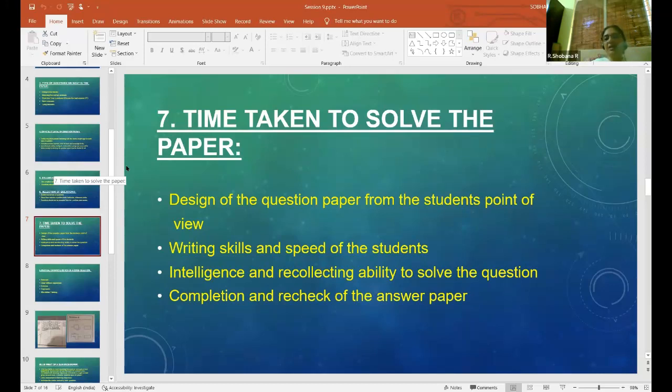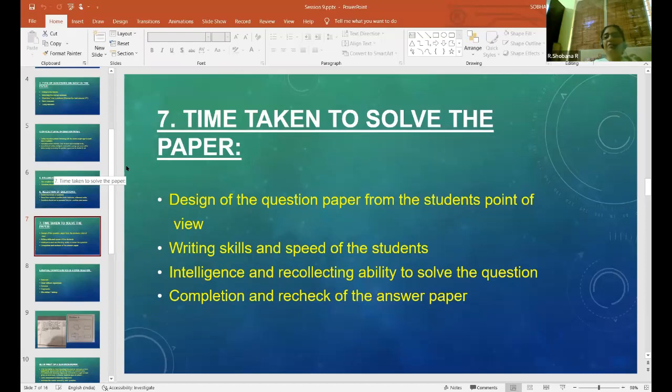Each question can have a different difficulty level, so we should allot the time accordingly. You cannot give all questions that are very difficult and need more time to think and solve. Even in long answers, one or two questions can be hard, but the other two can be direct questions which are lengthy but direct, so that the child will not take more time to recollect and apply the concept.